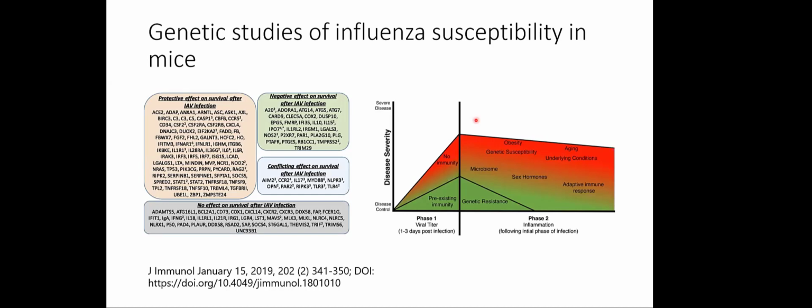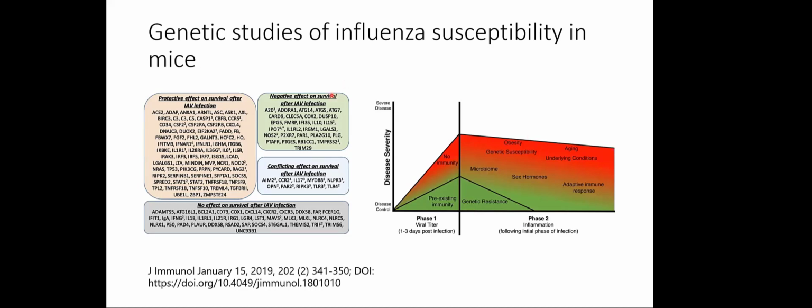The initial phase of infection can usually be controlled relatively efficiently, but the restoration of lung function and the dampening of immunopathology is associated with a lot of the severe disease. And genetic pathways likely play a role in this.